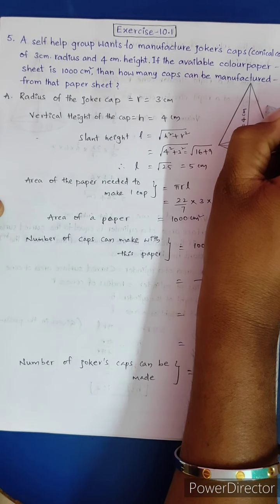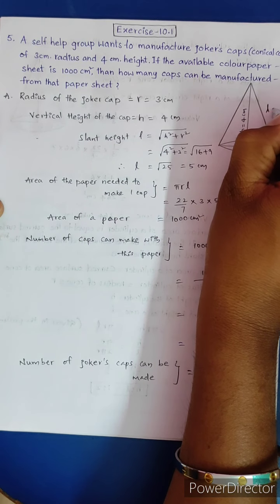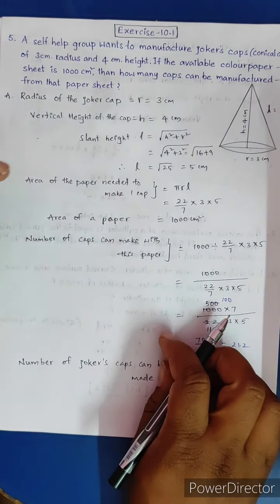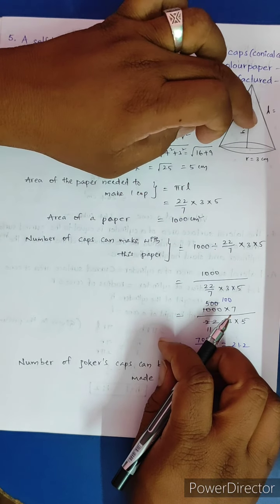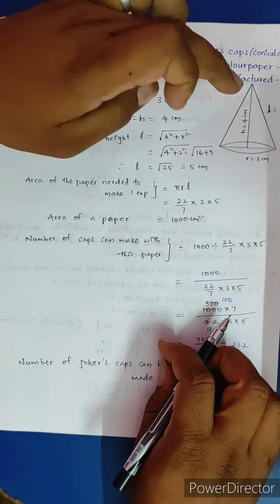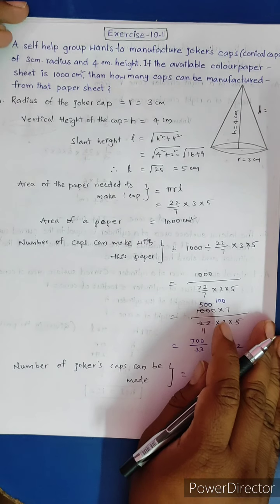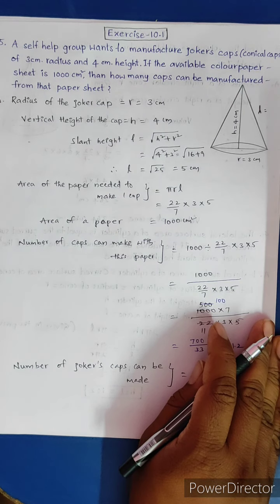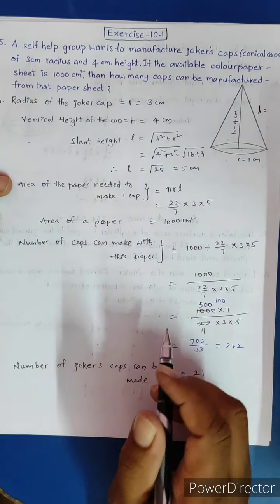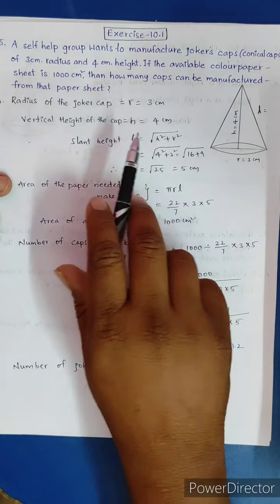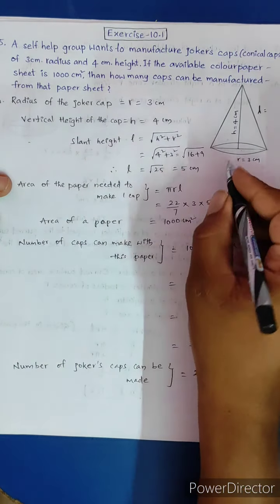Now to find the slanting height of the cone. If you observe, this is the perpendicular side, this is the base side, and this is the hypotenuse, like a right angle triangle. Using the Pythagoras theorem, hypotenuse square is equal to base side square plus perpendicular side square. So L square is equal to H square plus R square.